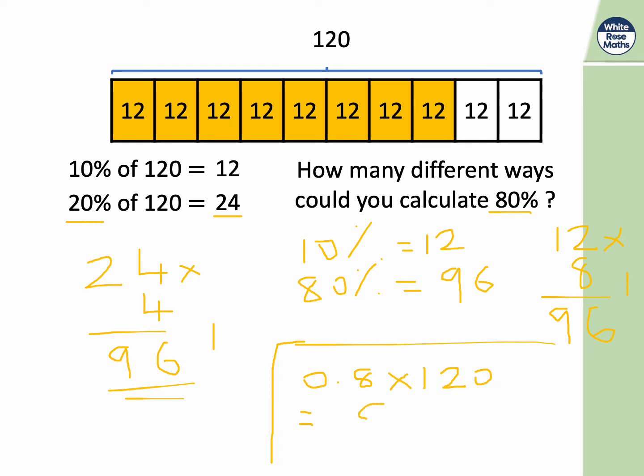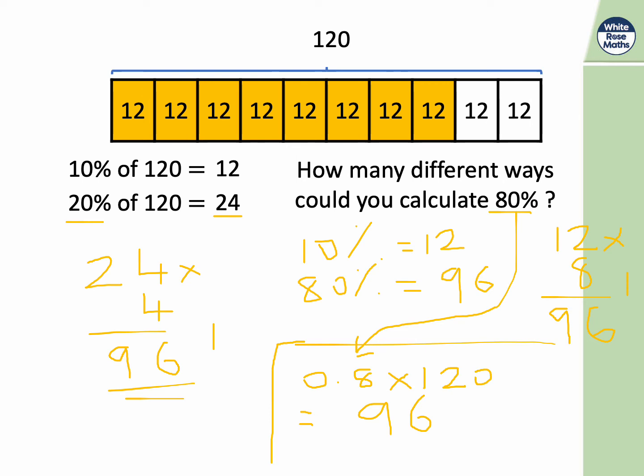That will give me the answer of 96, because it's the same as doing 8 times 12 essentially. So it's using the decimal multiplier method, changing this into a decimal, like that. This is slightly more advanced and a bit more GCSE-type maths.